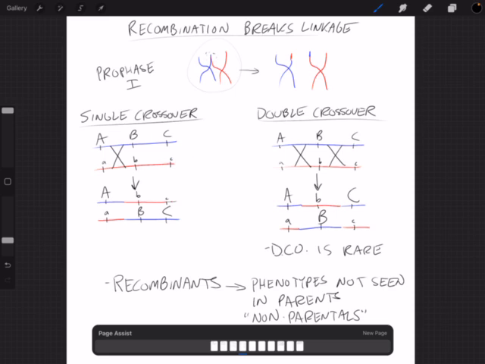This individual has the dominant A, but now it's with the recessive B and the recessive C. That would be a new combination of alleles and a new suite of phenotypes potentially not seen in the parents. These would be called non-parentals. So basically, whenever a crossover occurs, it generates non-parentals. Correct. Yep. Any crossover will generate non-parentals, a new chromosome that was not the same chromosome seen in any of the parents.